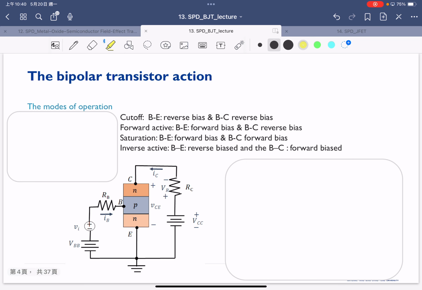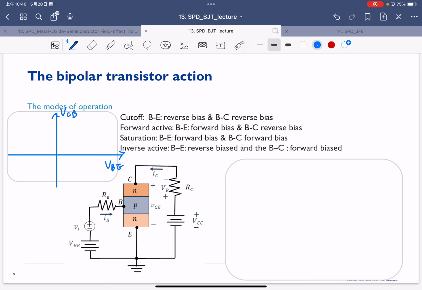When we talk about bipolar transistor action, there are actually 4 different operation regions here. The operation regions depend on the forward or reverse bias of these junctions. Because we have 2 junctions here, we have to consider VCB, the collector-base junction, and also VBE, the base-emitter junction.